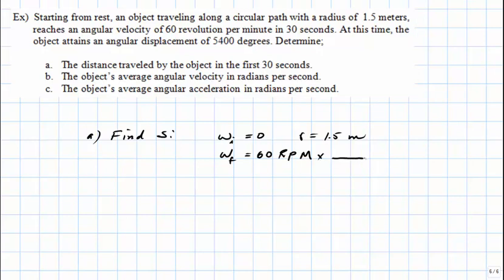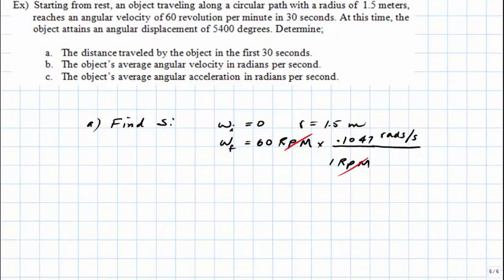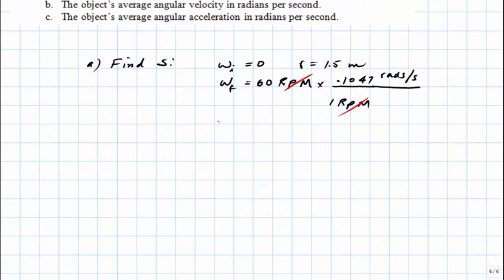In order to convert RPM to radians per second, we can note that 1 RPM equals 0.1047 radians per second. The RPM disappears, and if we enter these values into our calculator, omega f just equals 6.282 radians per second.